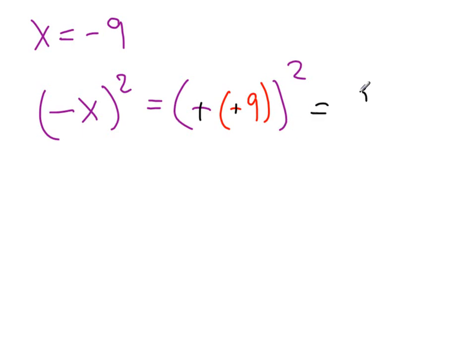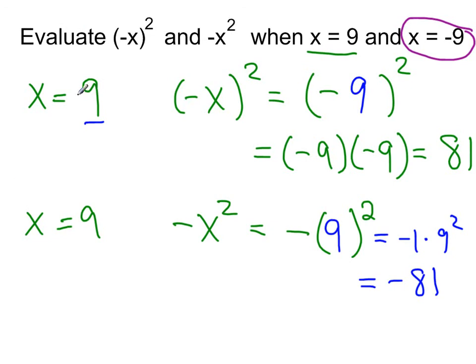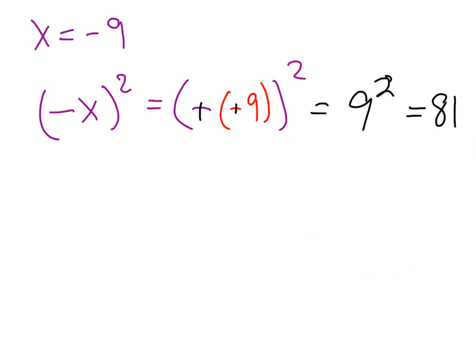So really we have 9 squared. And 9 squared is just 81. Kind of funny, right? It's actually the same answer as before when x was 9. Because it's included in the parentheses, whenever we square something, doesn't matter what craziness it's inside, it always results in a positive. And that's what happened here.